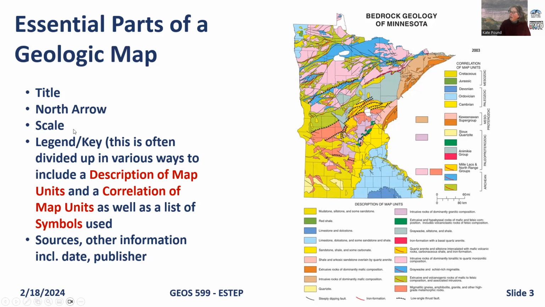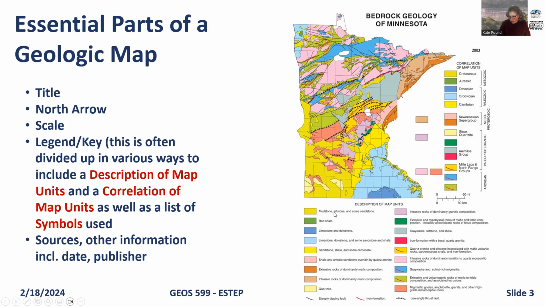And then there is all the other information, which you can lump together as the legend or key. But the legend or key is usually divided up into several components. In this case, we've got our description of map units down here.